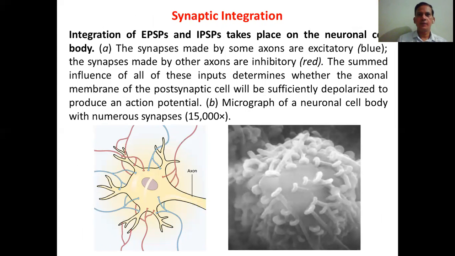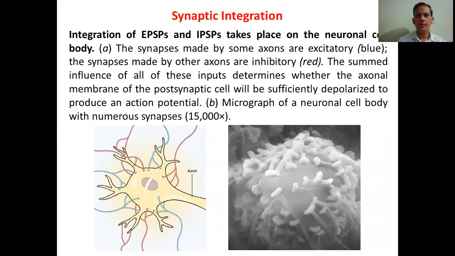Okay, so now we come to synaptic integration. It is quite possible that at a specific junction, there may be some axons which are excitatory, in this case the blue ones, and some which have an inhibitory response. Depending on how many excitatory or inhibitory axons there are, the influence of excitatory and inhibitory inputs can be summed up.